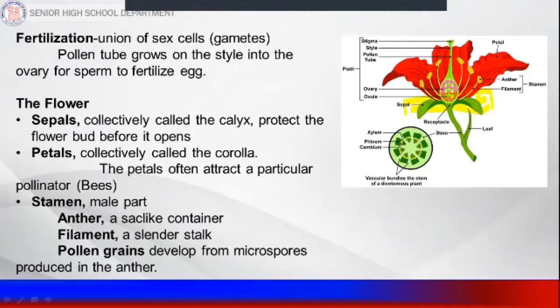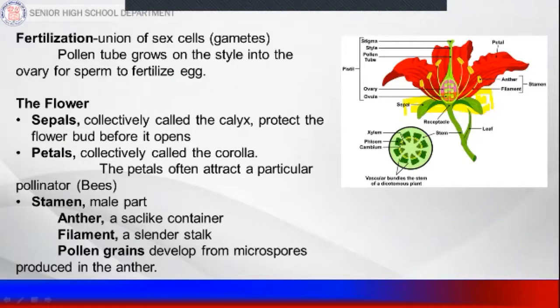They transfer pollen grains from one flower to another flower, carrying the pollen grains. As they are attracted by the color of the flowers or the petals, that is where they help in the fertilization process.